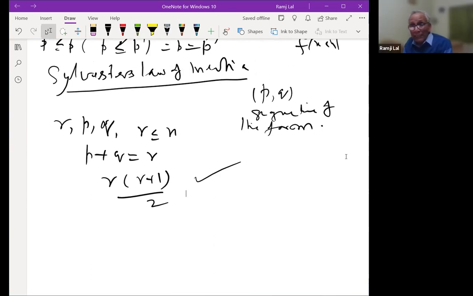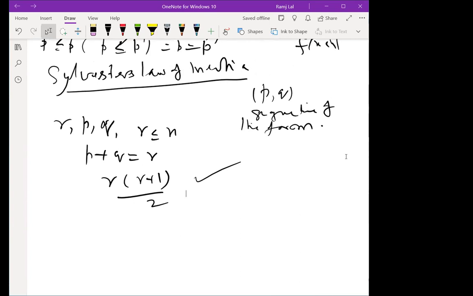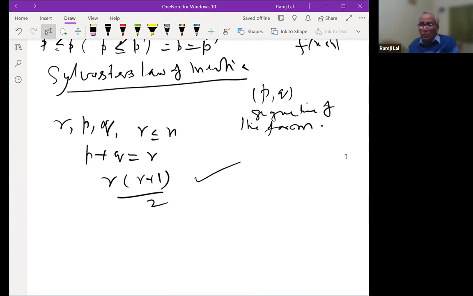Well, you see that this simply says that P tells on which part the form is positive definite. Q tells the dimension of the subspace on which it is negative definite, and the rest is the null space here.